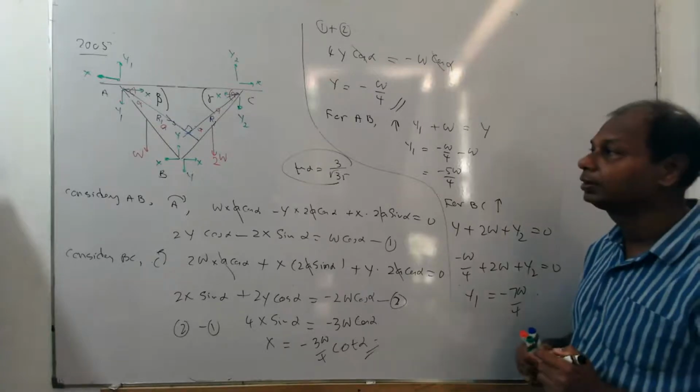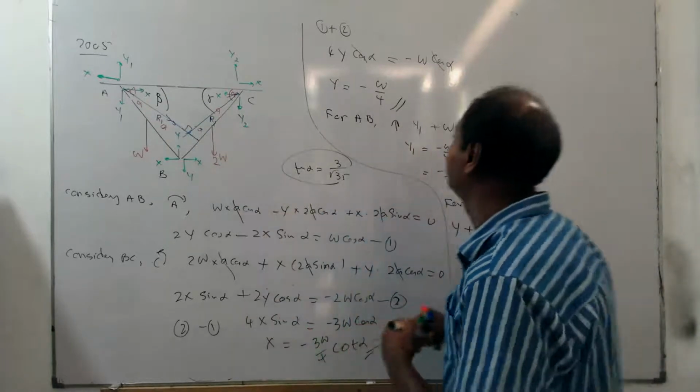Now we can find easily tan beta and tan gamma.